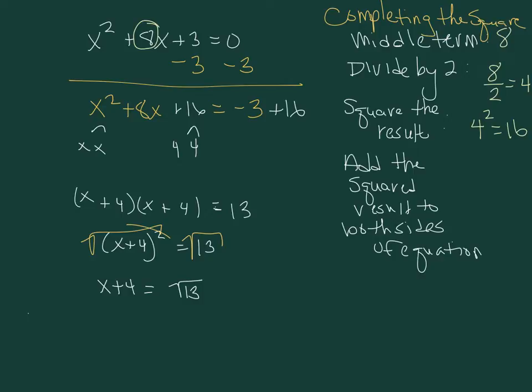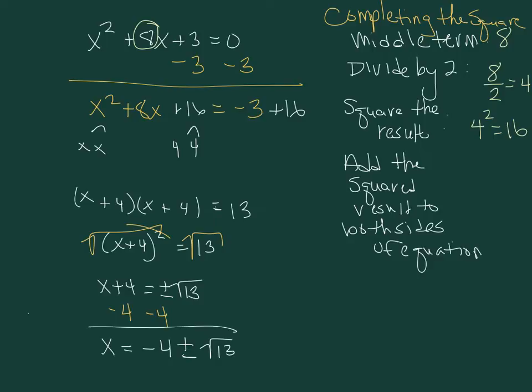So this is really plus or minus the square root of 13. Finally, I want to subtract the 4 from both sides, because that leaves me with x all by itself on the left. So this is now x equals negative 4 plus or minus the square root of 13.